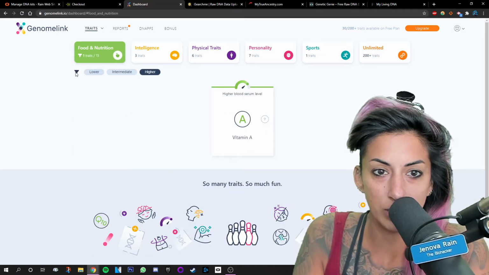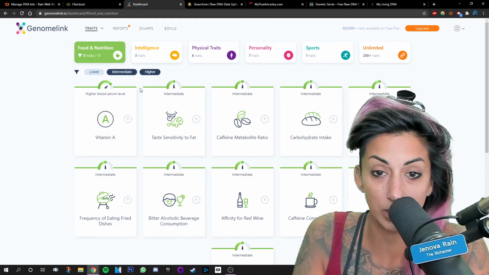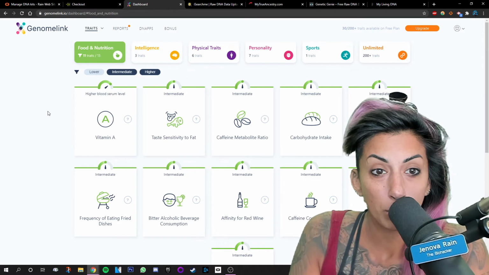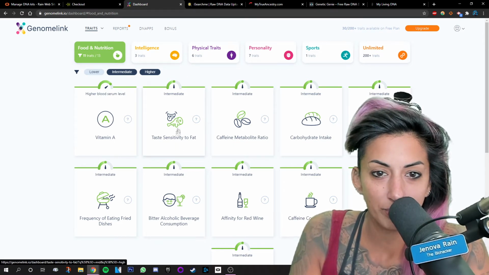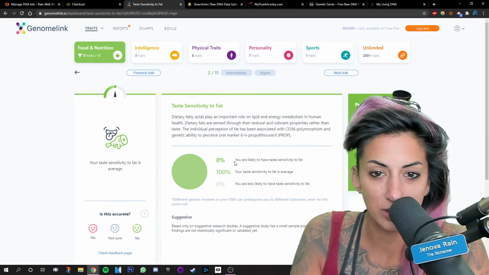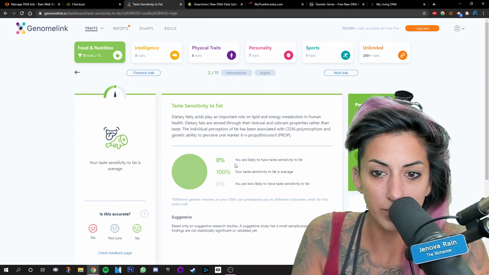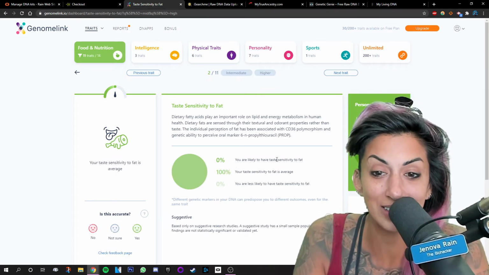Let's just view everything. Can I knock these off now? No. Am I stuck with these filter options? What are these? Sensitivity to fat. In what way? In what way sensitive? That I have too much of it? Oh, it's taste sensitivity.